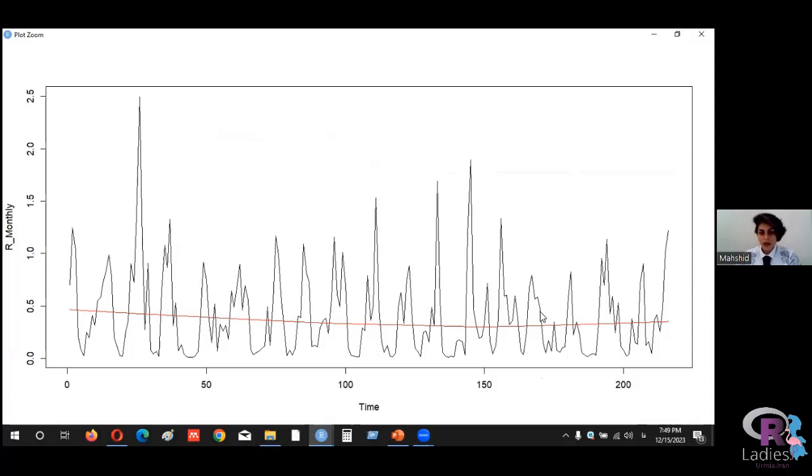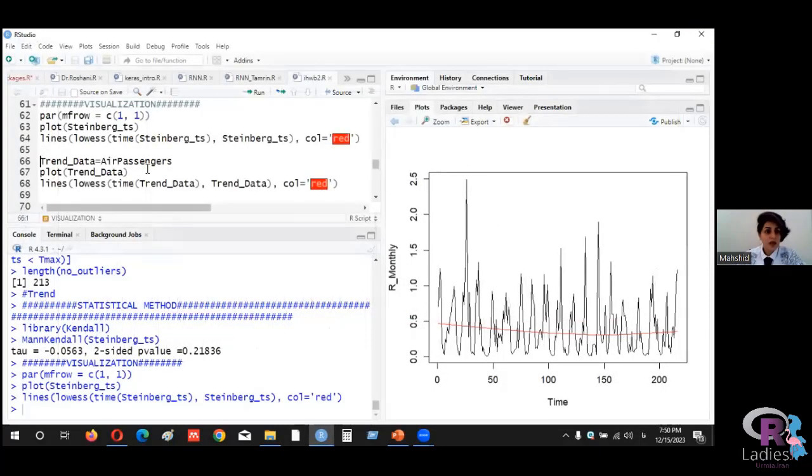Or if the red line shows a downward trend, we can easily say that there is a downward trend. But here in this example, as we tested with Kendall test, there isn't any trend. You can see the results also by visualization of the data. The red line is straight, so it means that there isn't any trend.